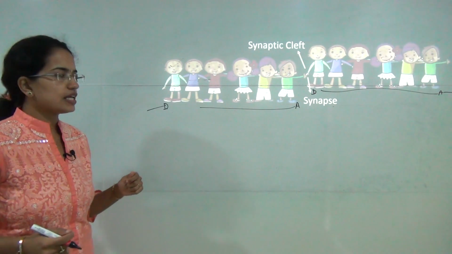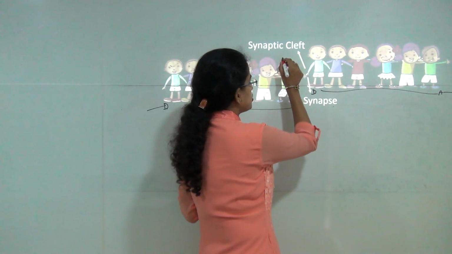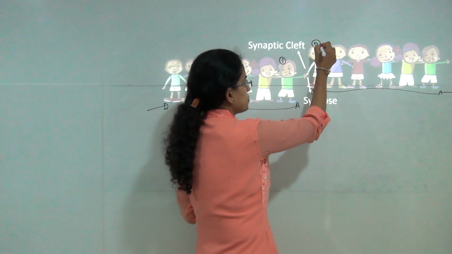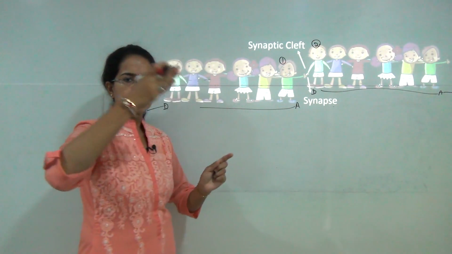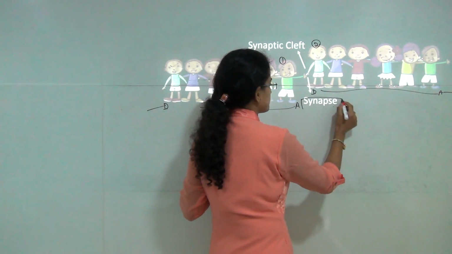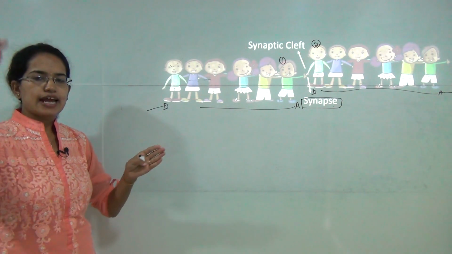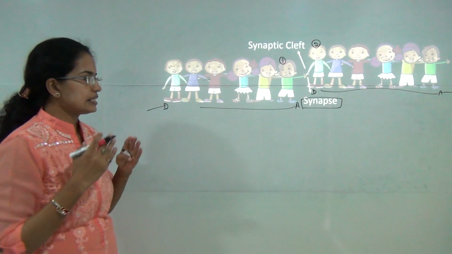So, what is happening here is there is a kind of connection between neuron 1 and neuron 2, and that connection where they two interact is known as the synapse. So, the region where neuron 1 interacts with the second neuron is known as synapse.